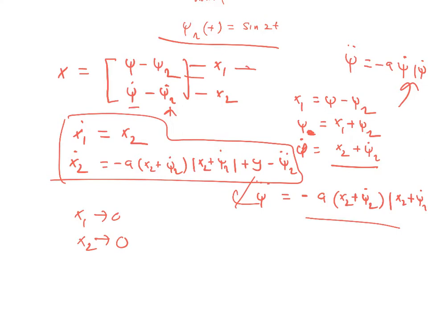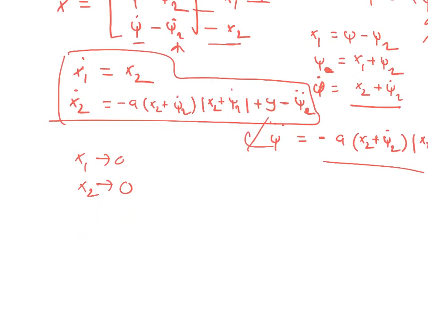How did the psi r double dot come? If this is x2, then x2 dot will be psi double dot minus psi r double dot. Now we can start from here and do the math.